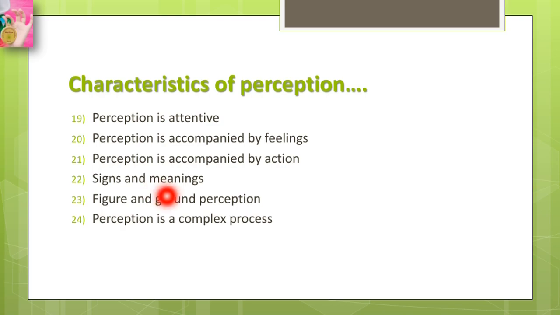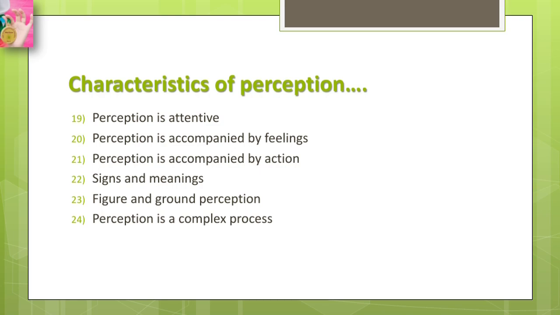Then there is figure and ground perception. One of the most fundamental characteristics of perceptual organization is the way in which the visual field is segregated into one or more objects that are the central focus, also called figure, and everything else which forms the ground.